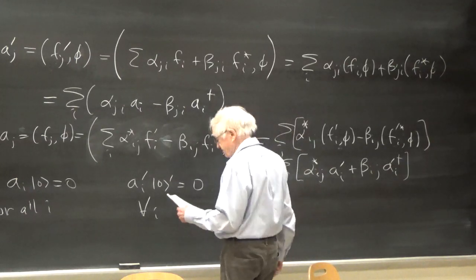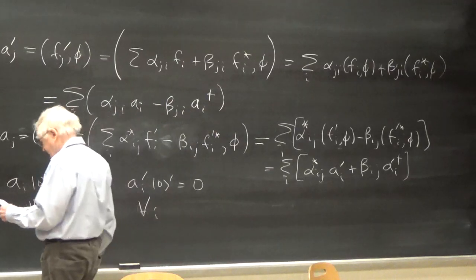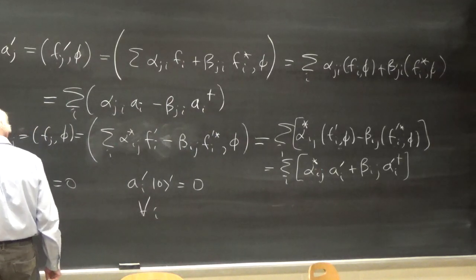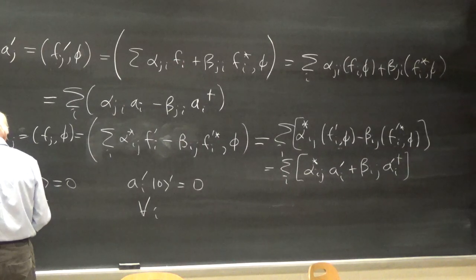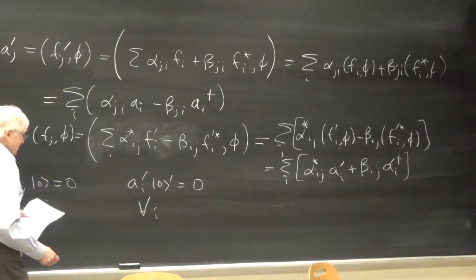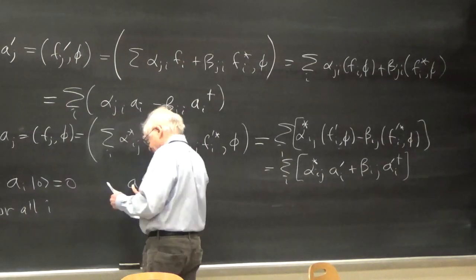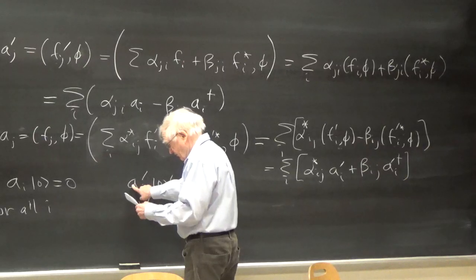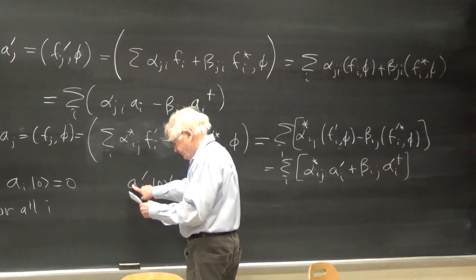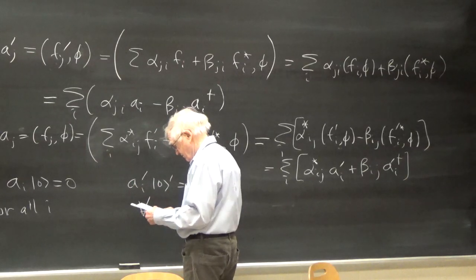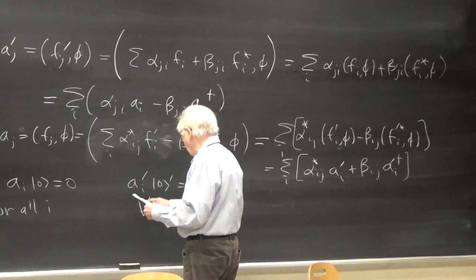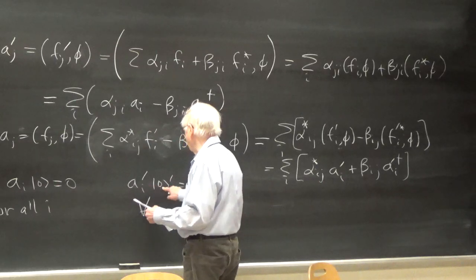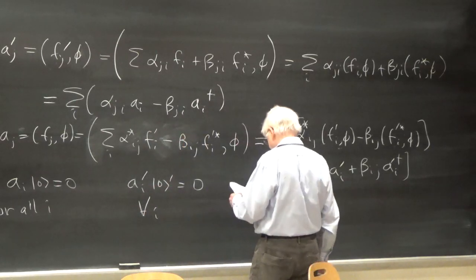And the adjoints of these equations are, well, let's put it this way. Let's look at this. Right, I want to express the A prime in terms of the A's.